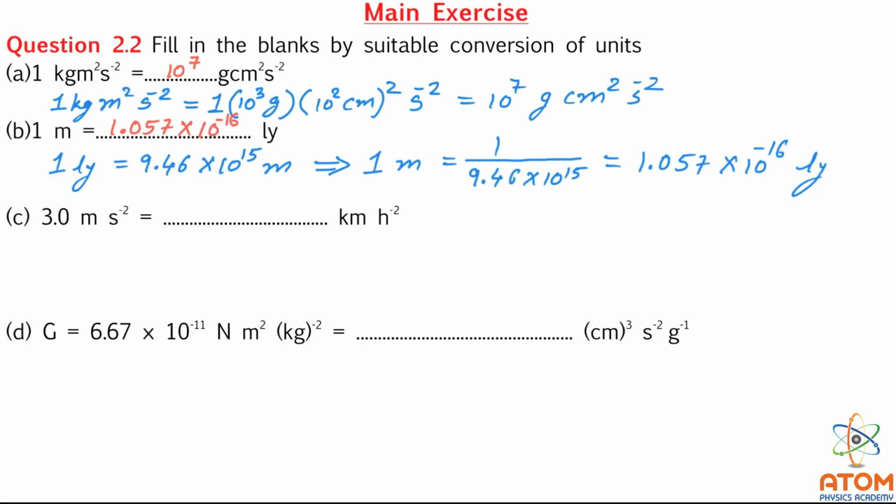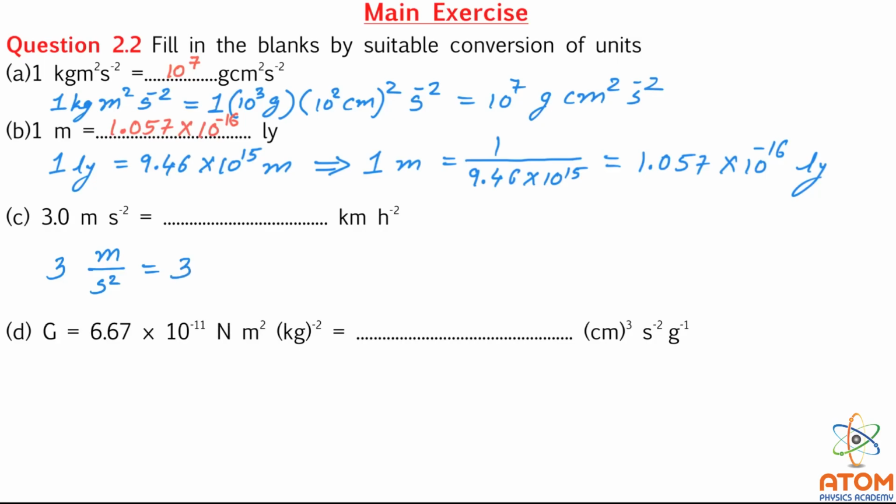Now third, 3 meter second inverse square is equal to blank kilometer hour inverse square. Let us solve this. Here it is 3 meter upon second square, and that we have to convert into kilometer per hour square.